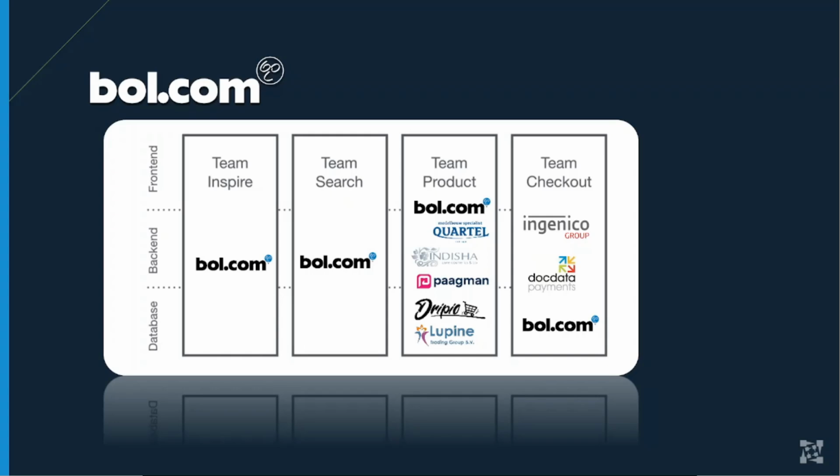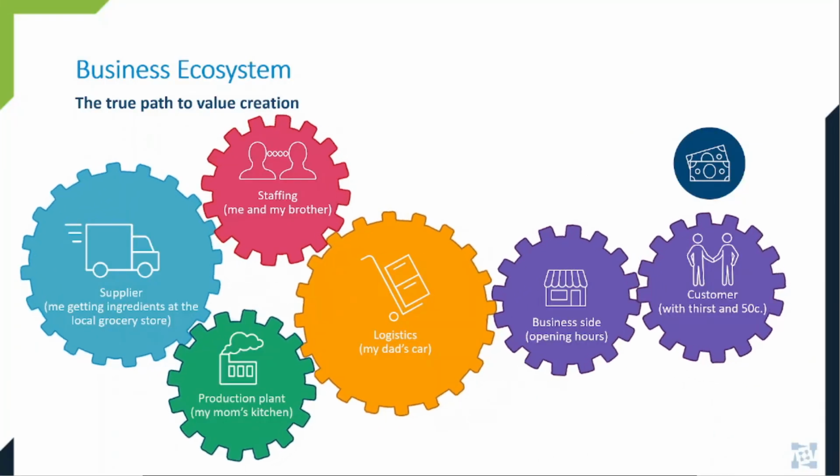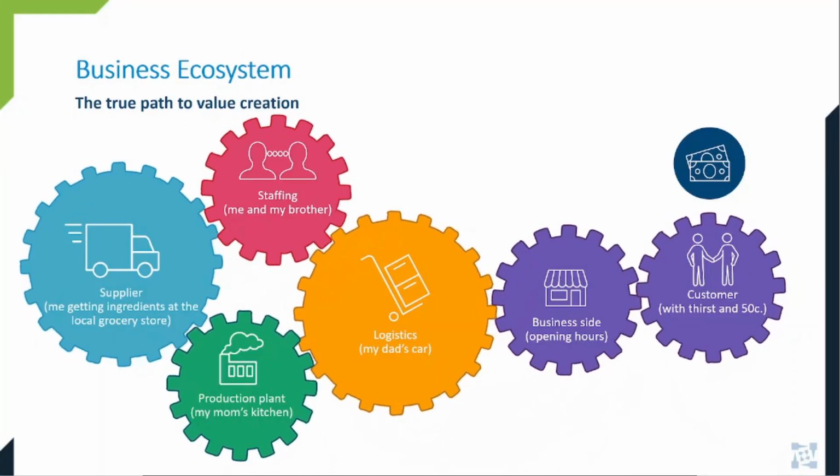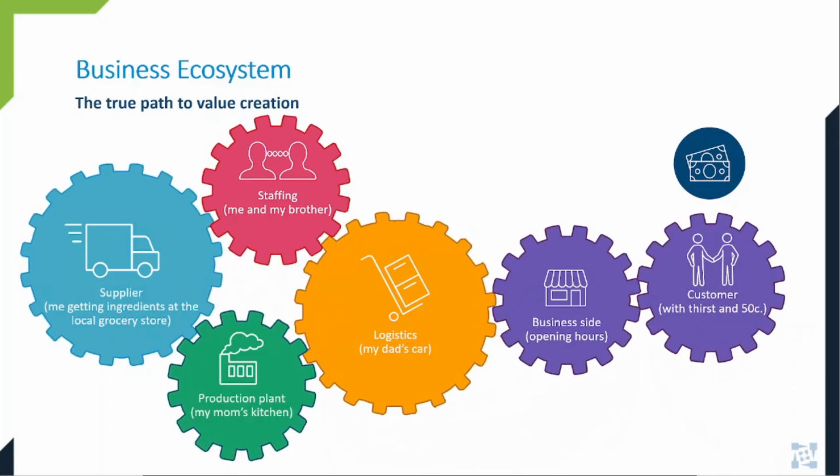You're dependent on other people to make your business a success. And then we come to the value chain, because with that in mind, if you look at the entire value chain, and here is an example that I generally use, simplified, explaining this example, is opening a lemonade store, right?